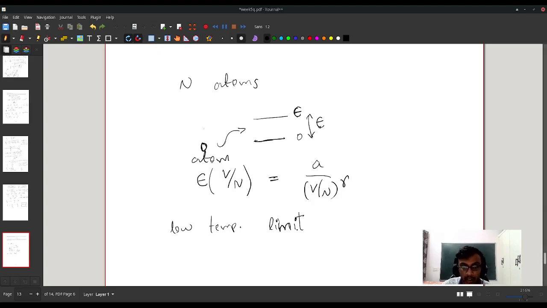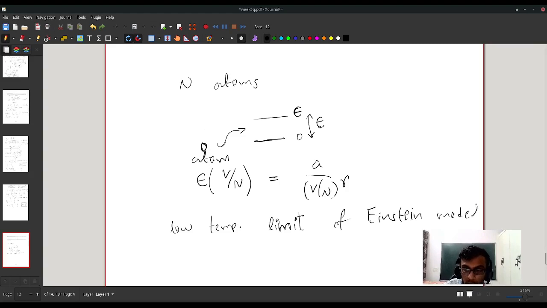In this model only the ground state and the first excited state are kept and the rest are thrown away. Yeah, but we don't need to worry about this further.